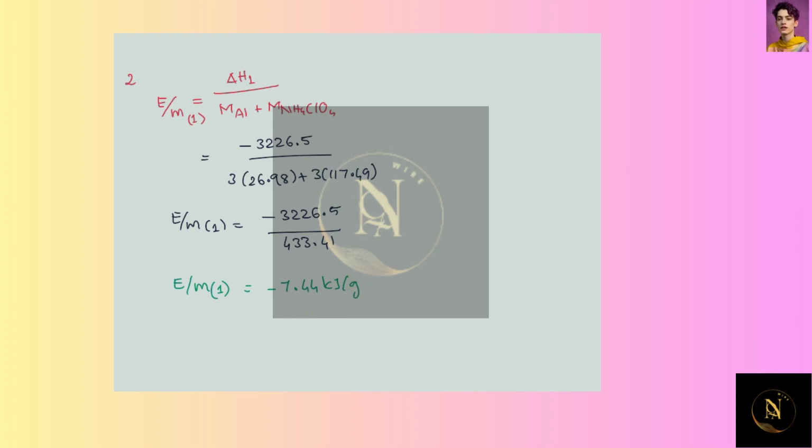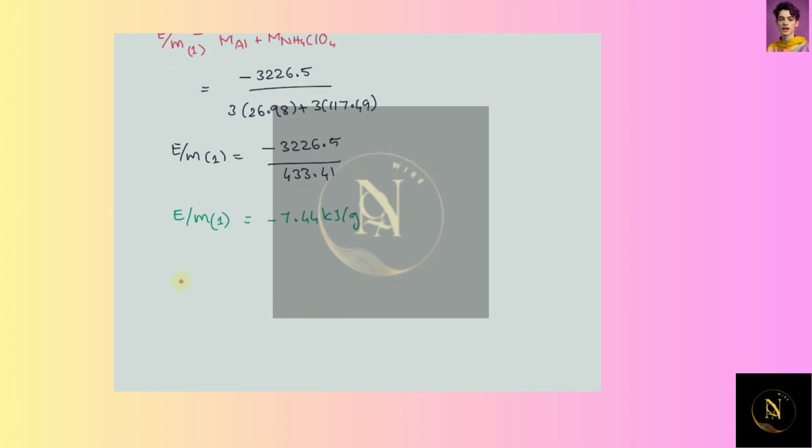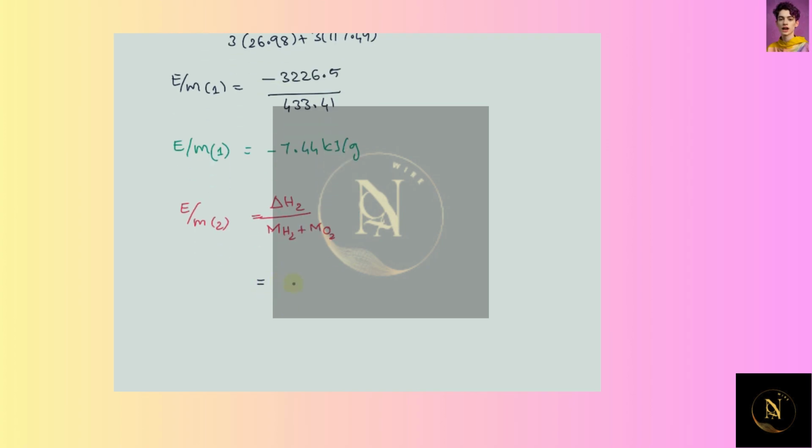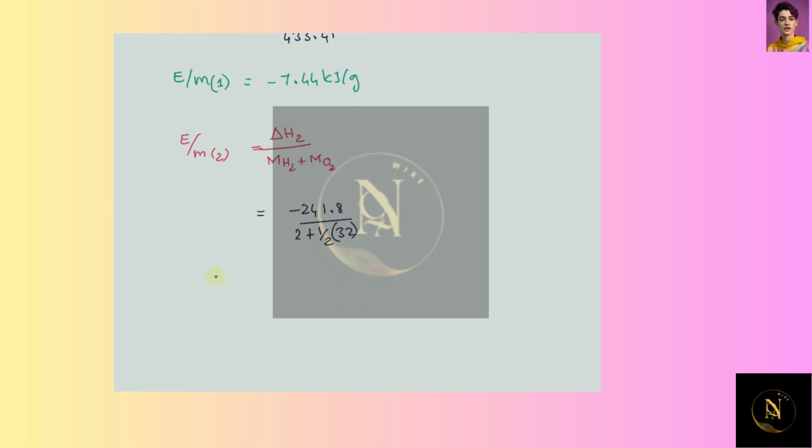Coming to the second equation, the energy to mass ratio is given by the del H of reaction 2 divided by the molecular mass of hydrogen plus the molecular mass of oxygen. Substituting the values, that is minus 241.8 kilojoule per mole, 2 into half of 32, as half a mole of oxygen is involved in this reaction.